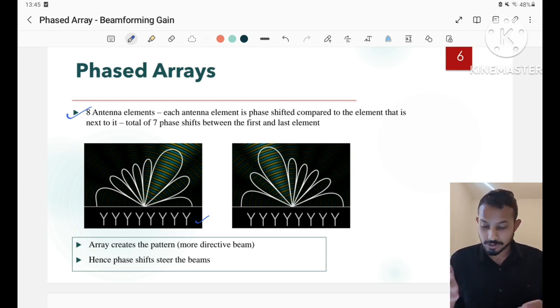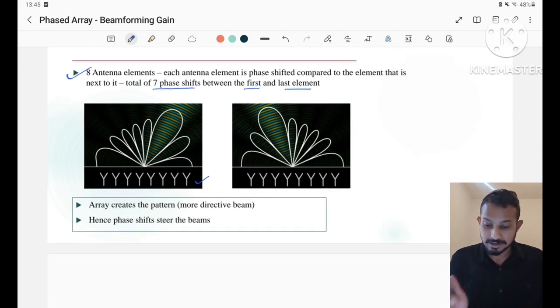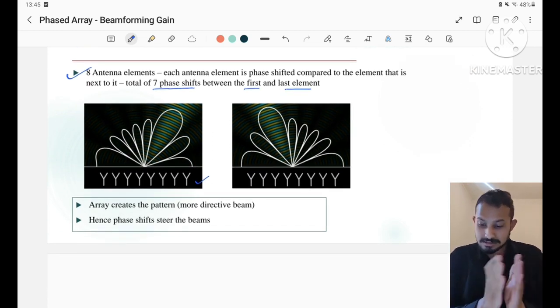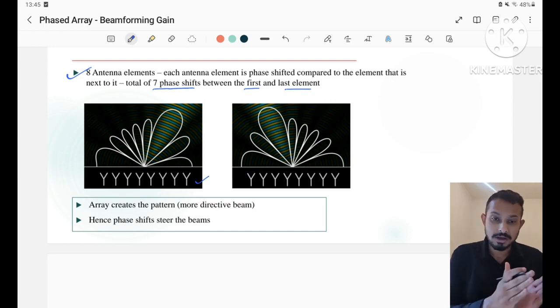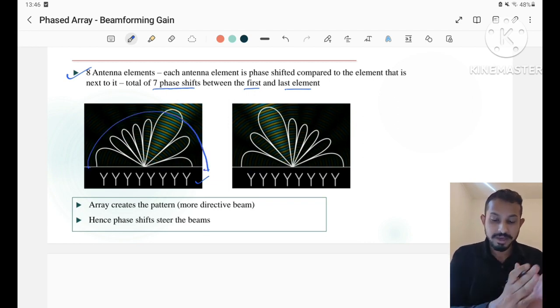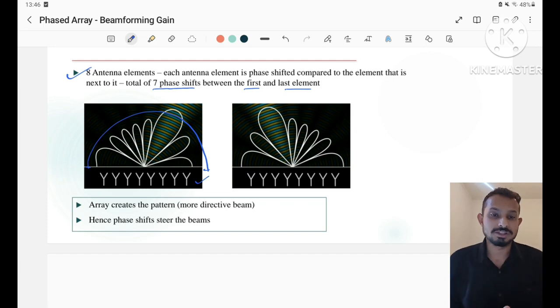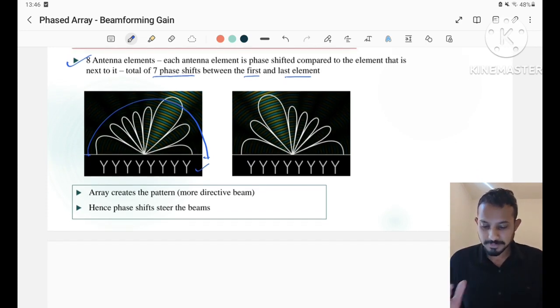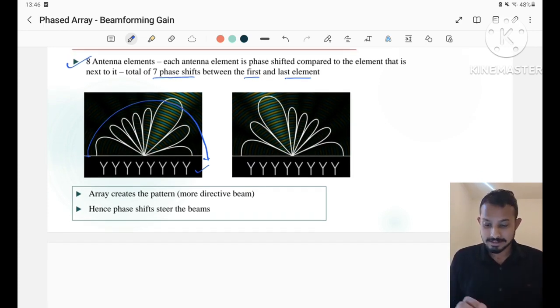We obtain a total of 7 phase shifts between the first and the last element. We can see that it can steer the beam towards a specific direction. That means anywhere the user is present, it has the ability to make a directive beam towards the direction of the user.